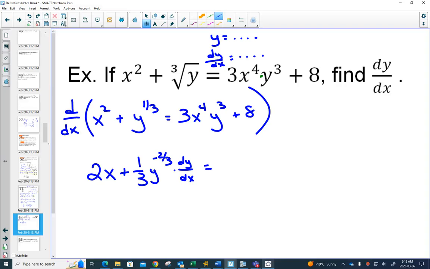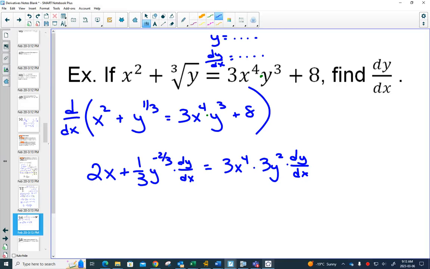Then on this side, now I have a product rule. My product rule is right here. Okay? How do I do a product rule? Keep one the same. Multiply by the derivative of the second one. Again, using the shortcut, well, that would be 3y squared, and whenever I do a derivative with a y, I add a dy dx. Using the understanding, you would have something cubed.